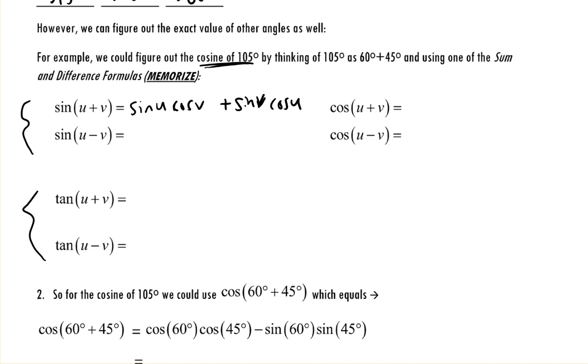So as long as we can split the angle up into 2 angles we know, so like 105 could be split up into 60 plus 45, and we know 60 and we know 45, it allows us to break it up into pieces that we can use. Now, the only difference with the difference one is it has a minus sign in the middle. Otherwise, the formula is exactly the same.